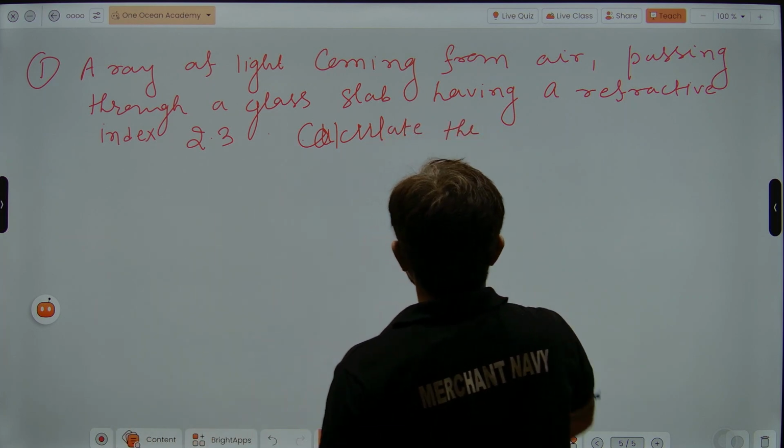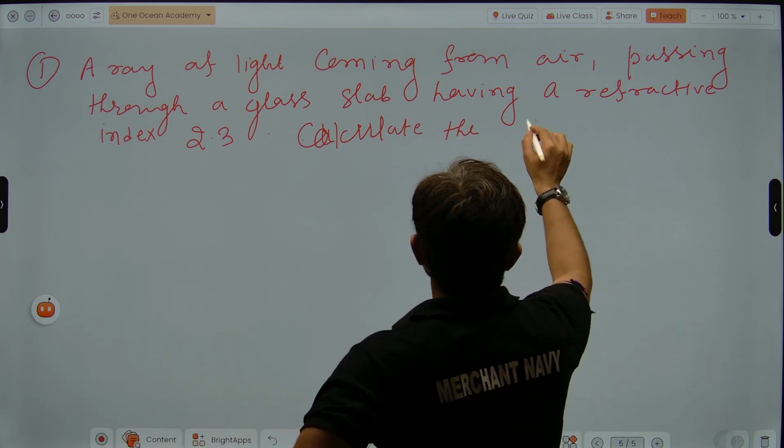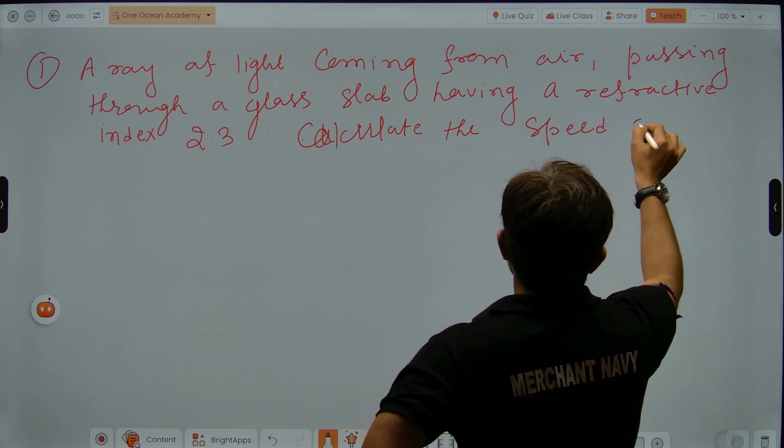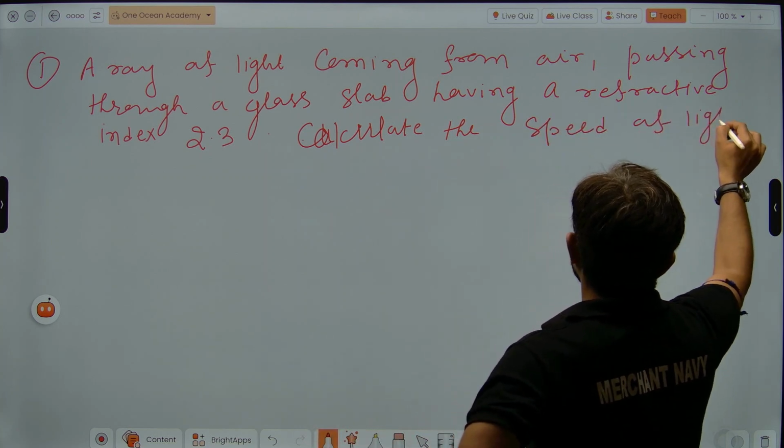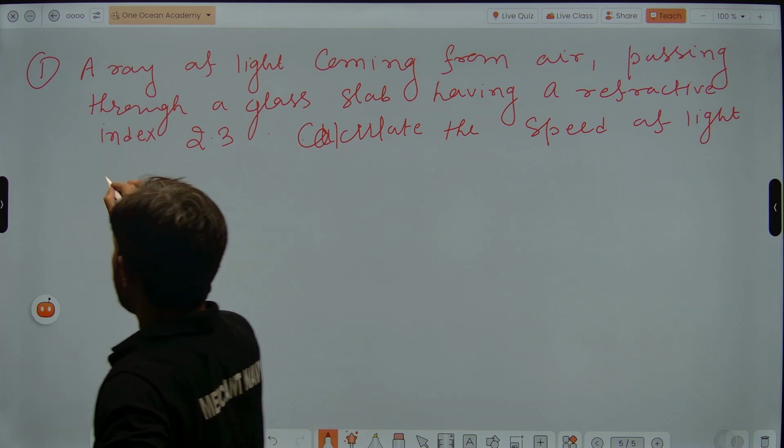Calculate the speed of light in the glass slab.